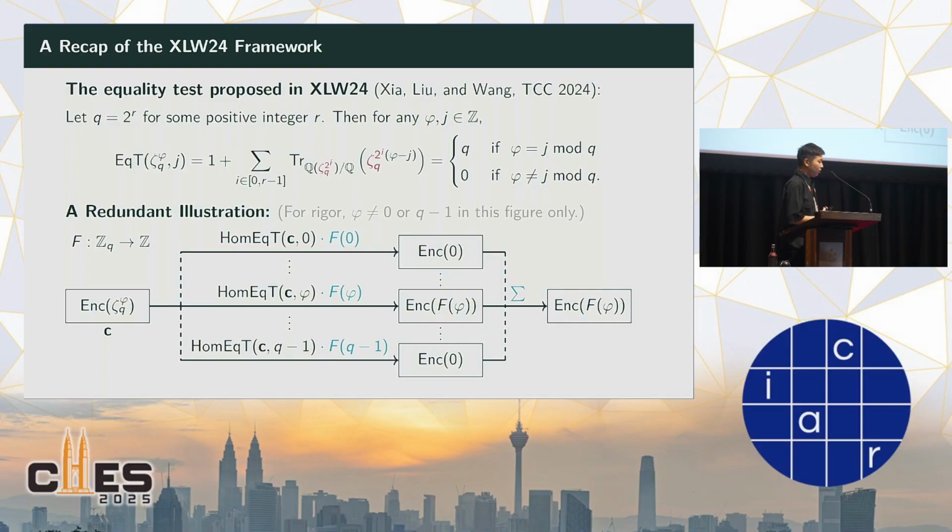We can homomorphically check the equality of the encrypted message with all possible input values, and then multiply the result with the corresponding output value. If we add up all these resulting ciphertexts, we should get the evaluation of this function. And we can see that the sum part is Z-linear, and the trace in the equality test is Q-linear, and that's Z-linear. So we can aggregate some computations.